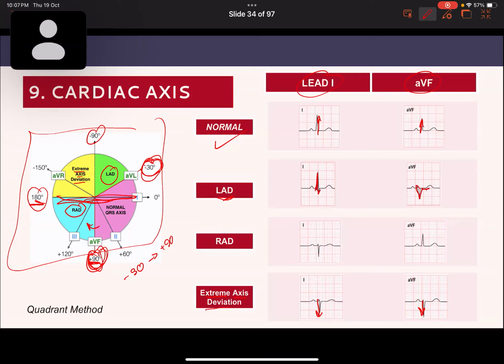It's going to be facing downwards. Right axis deviation, if you go back to this circle, you're going to find that the right axis deviation is below this line. Okay? So that's how you remember that the R wave in lead one is downward facing, and in AVF it's upward facing.